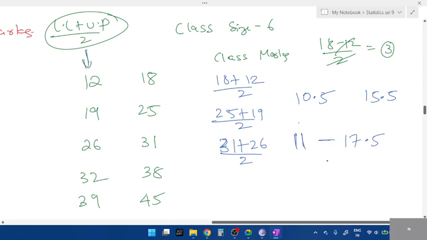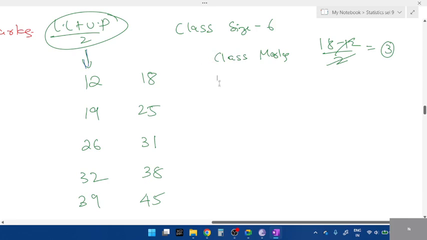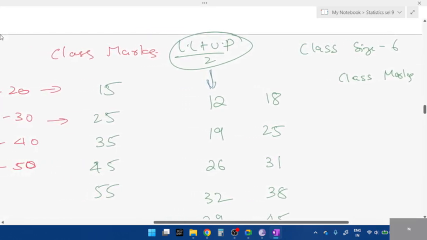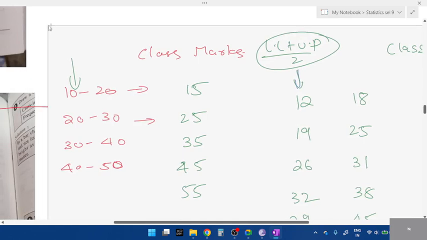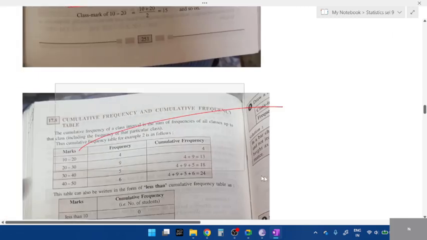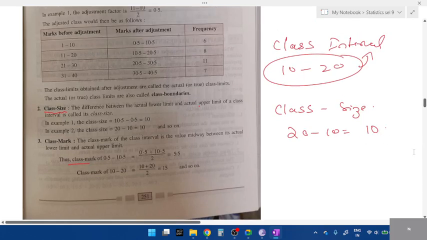Can you directly figure it out? For easy ones, you can do it, students. You don't have to use the formula. If the values are tough, you definitely have to use the class marks formula. Class marks is the middle value. Remember that.